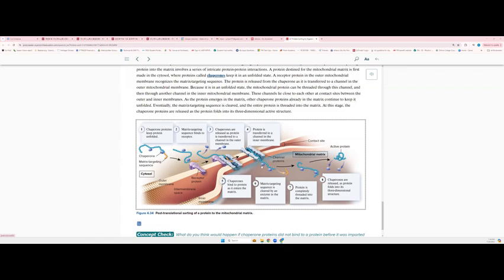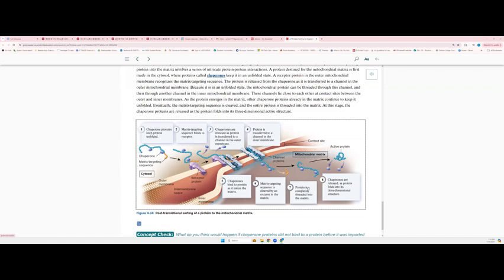Then the targeting sequence that was used to bind the receptor protein is cleaved by enzymes, and the protein is completely released into the matrix. In this way, the protein moves to the mitochondria.